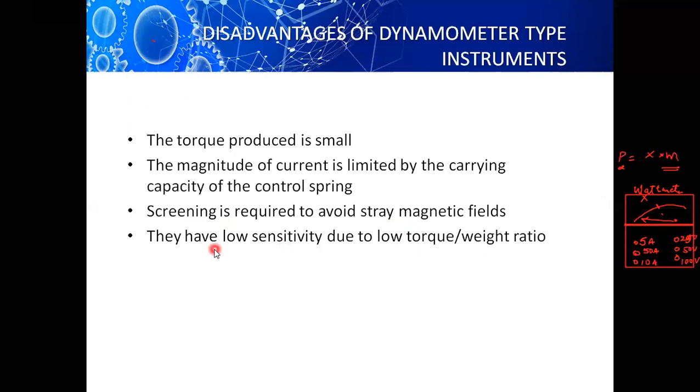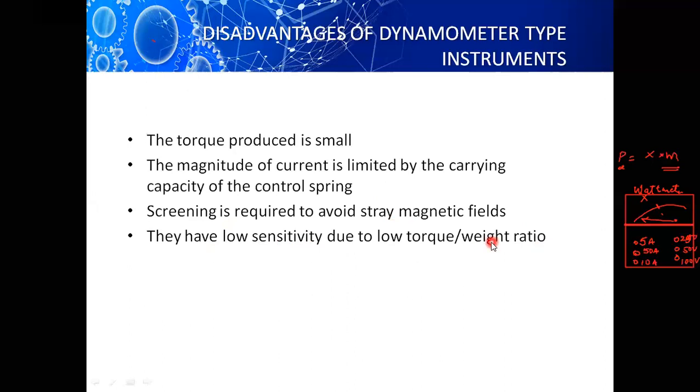Now they have low sensitivity due to low torque to weight ratio. So we have discussed this. This measuring instrument will have low sensitivity, that means it cannot sense a small change in the quantity which you are trying to measure. The reason behind it is the low torque to weight ratio.